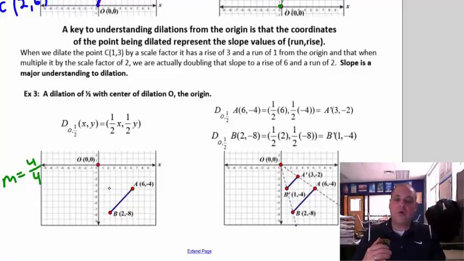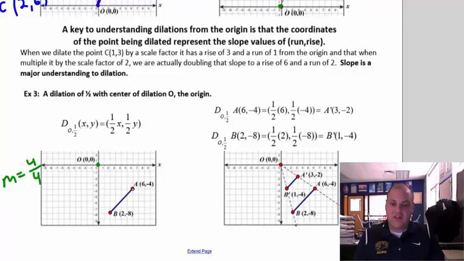If I want to dilate this segment, I'm going to go up 2 over 2. I'm sorry, from the center of dilation. That's wrong. Forget what I just said. From the center, it goes over 1, 2, 3, 4, 5, 6, and down 1, 2, 3, 4.